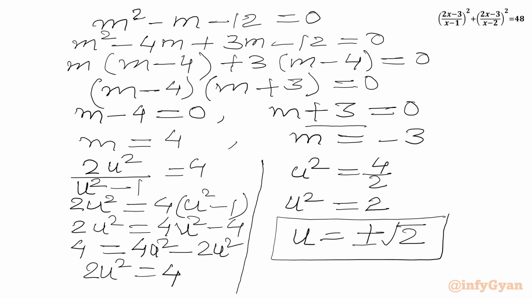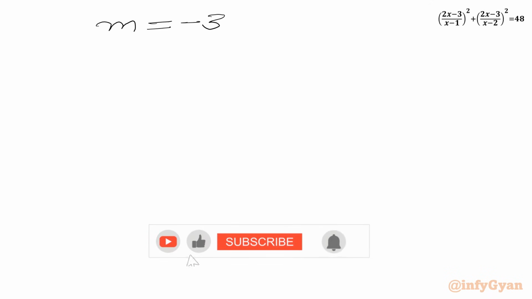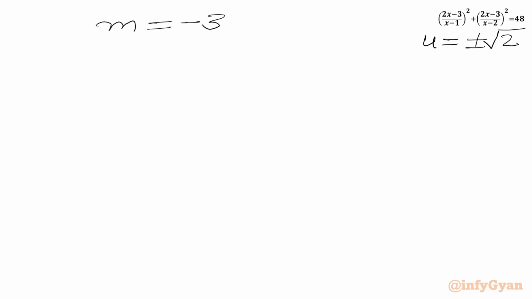Now we have to solve m equal to minus 3. We'll write here m equal to minus 3. And our result is u equal to plus minus square root 2.